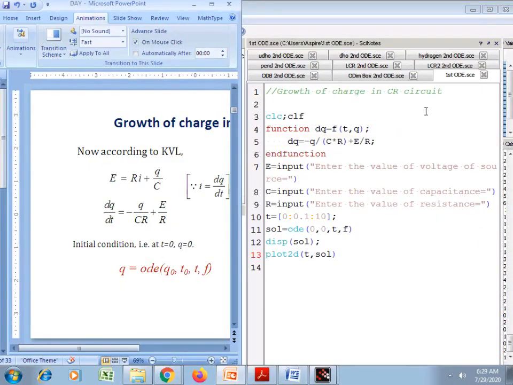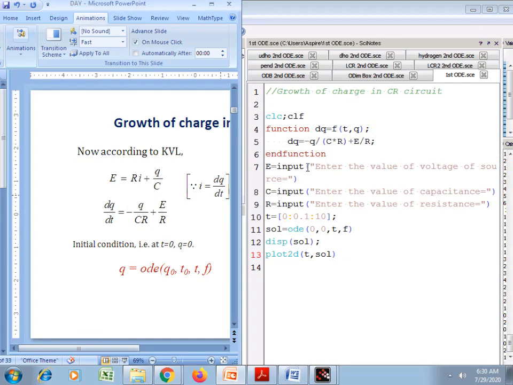So here is the code written to solve the differential equation to obtain the growth of charge in the CR circuit. First the CLC and CLF commands. Then the function defined is dq is equal to f of t, q, where dq is minus q by CR plus E by R. So this is the same equation.